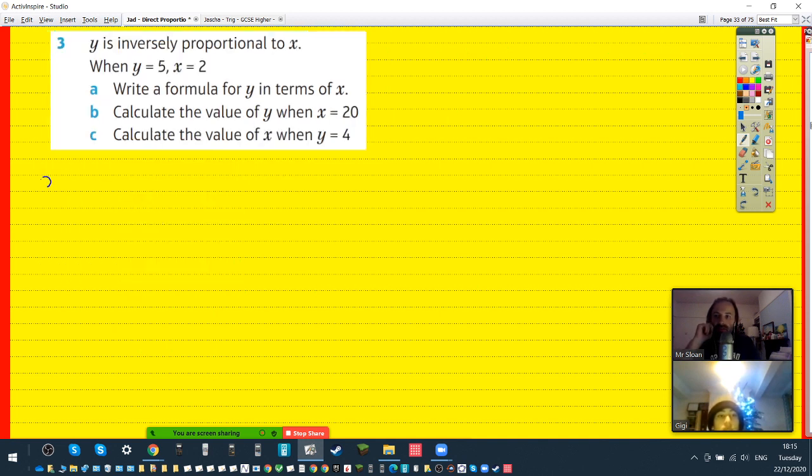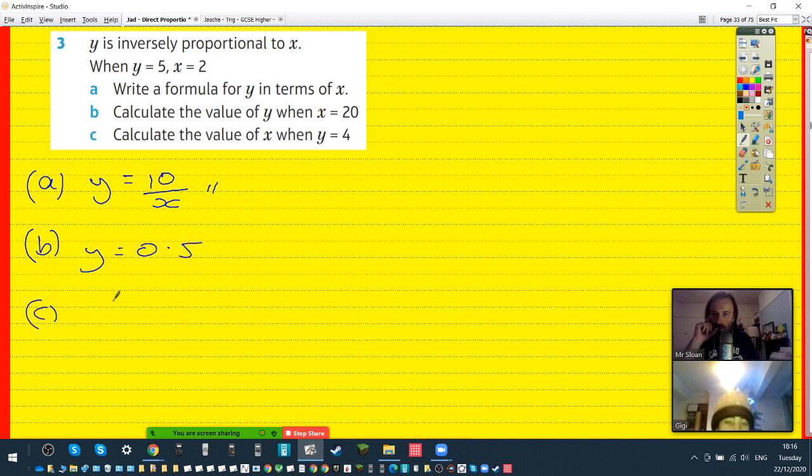Okay, let's try this one. Very similar. Y equals 10 over x. 0.5. $2.5.